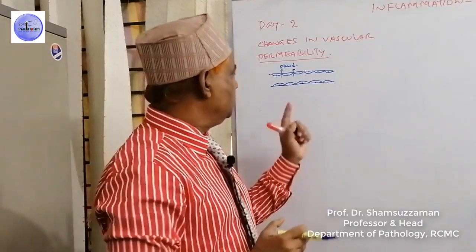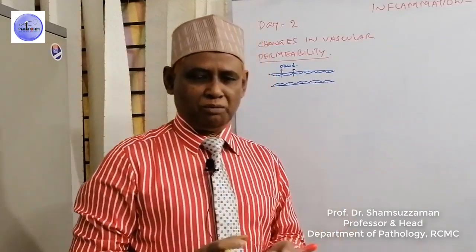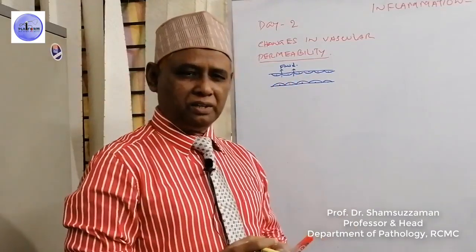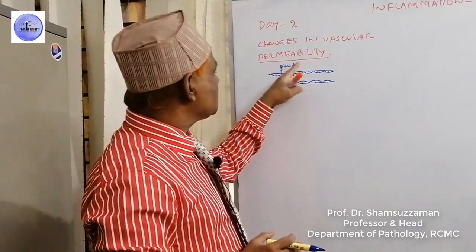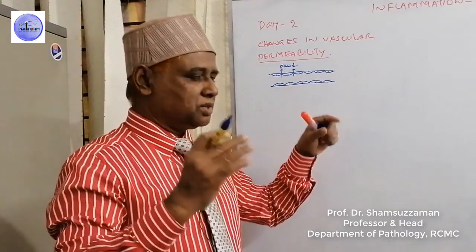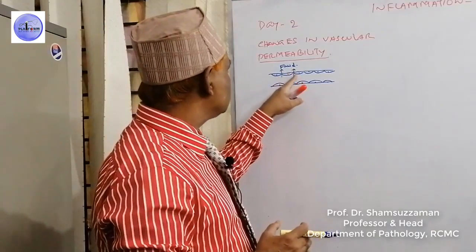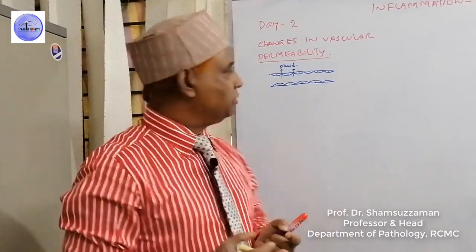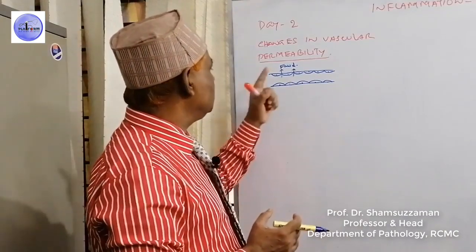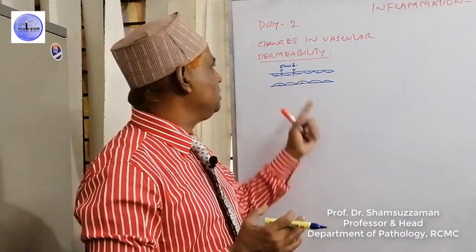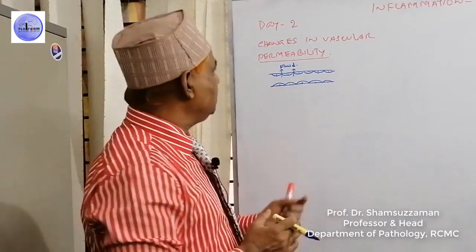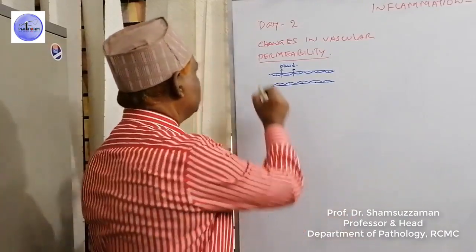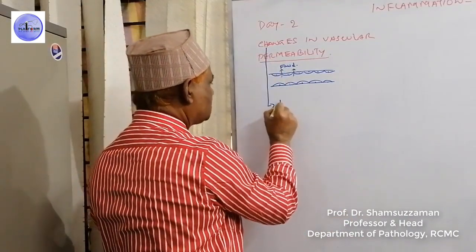But at the site of acute inflammation, the fluid that comes out of the blood vessel into the tissue is increased. In normal condition, each capillary is a bit permeable, but in acute inflammation this permeability is changed. What is the change? Increased vascular permeability.